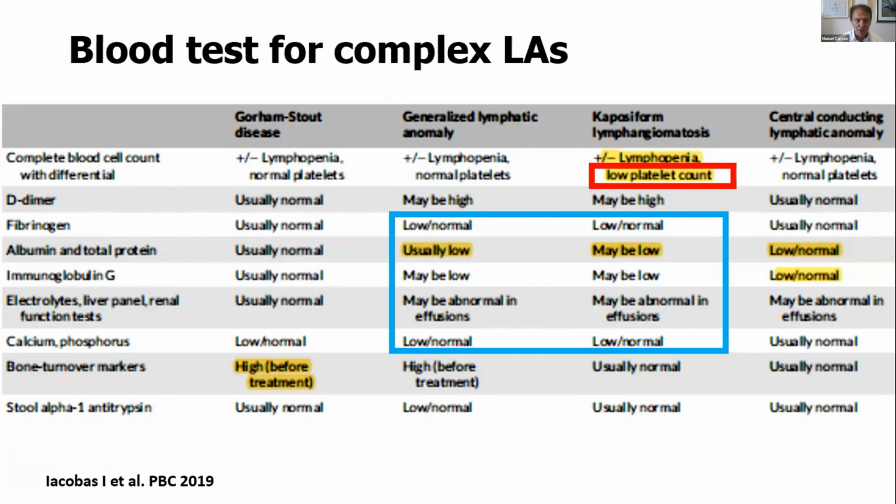And there are certain things that we look at: the albumin, the immunoglobulin levels, the fibrinogen levels. But again, it's not easy to completely distinguish, particularly GLA from KLA. Although with KLA, we look for a low platelet count and for a low fibrinogen level. And if you see that, then it becomes relatively sure that you're dealing with a KLA and not a GLA.